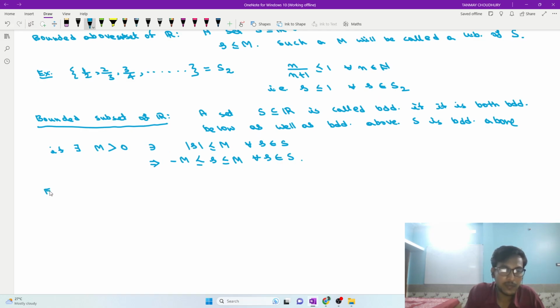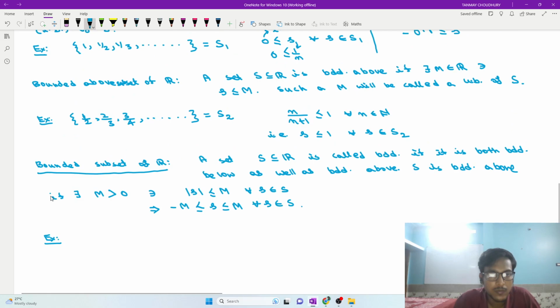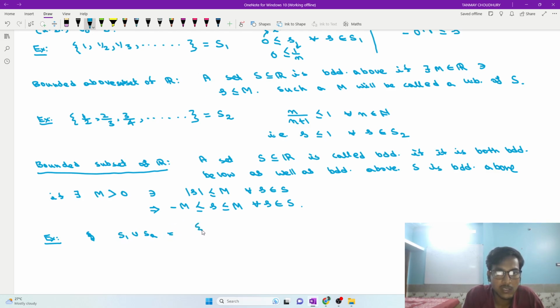So what is an example? You can think of this set. Say the set is simply S1 union S2, the previous S1 and S2, which turns out to be one third, one half, and on this side we have one fourth and so on, then 1, 2 by 3, 3 by 4 and so on.